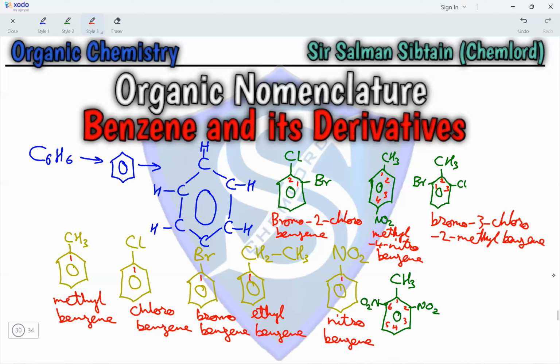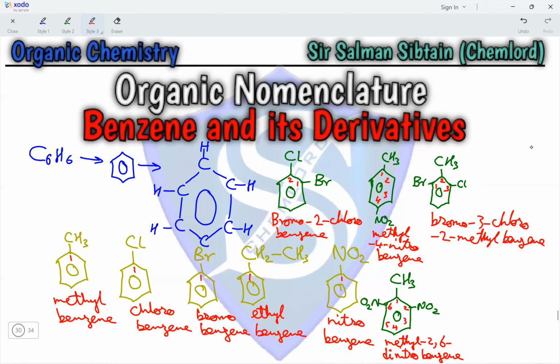If we number it clockwise, we get nitro groups on the 2 and the 6th position. Or if we number it anti-clockwise also, we get the nitro group on the 2 and the 6th position. So the name of this compound would be methyl 2,6-dinitrobenzene.